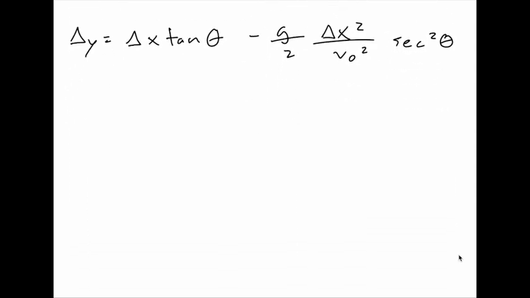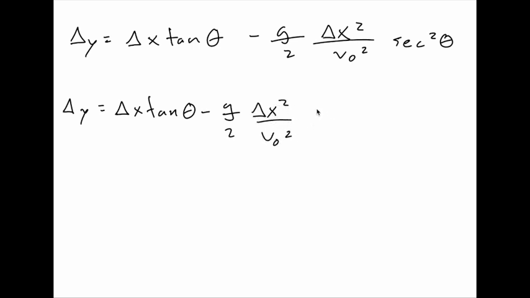Okay? And then maybe you have delta y equals delta x tangent theta minus g over 2 delta x squared over V naught squared times tangent squared theta plus 1. Okay?